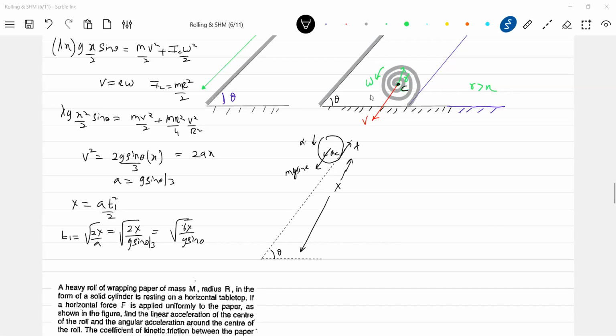It's going to describe uniformly accelerated motion. Directly I brought it. If you want to try, you can differentiate, you can do that also.